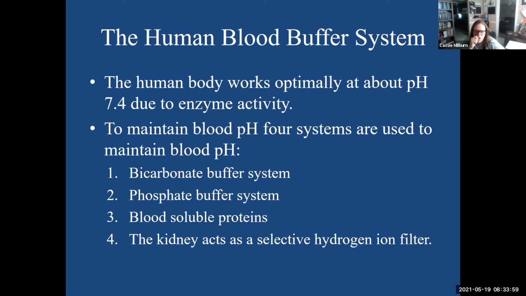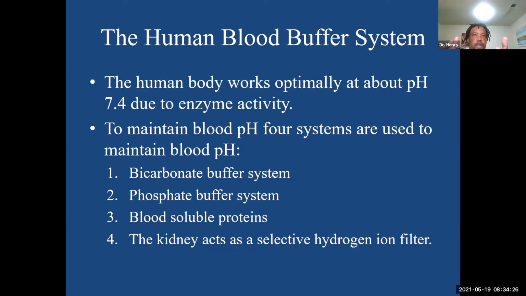A lot of that is due to it being buffered. So you have your bicarbonate system, and bicarbonate is often absorbed to neutralize the acid in your gut when you're going through the digestive tract.